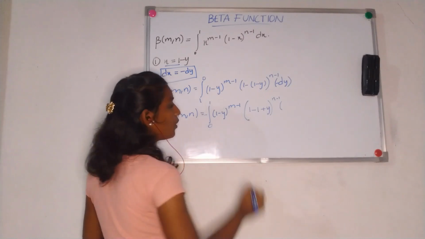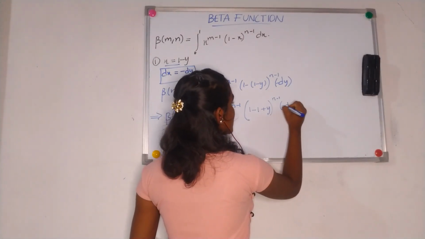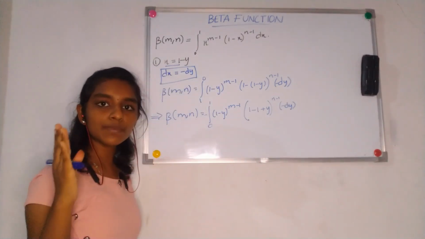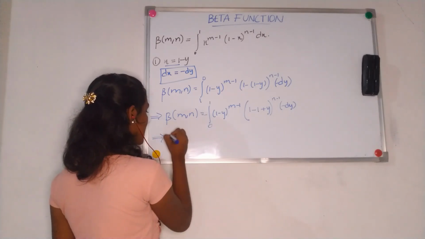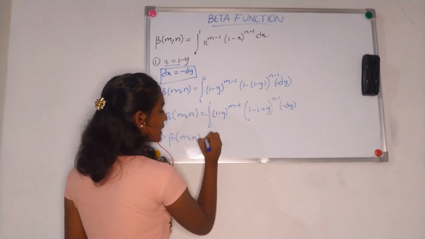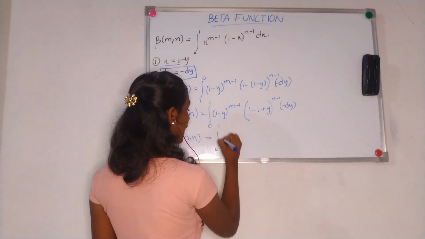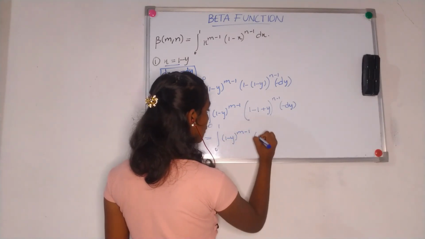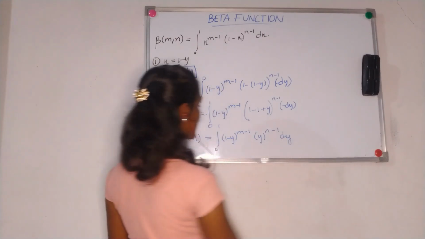And now, with minus dy, minus into minus will become plus. So let me erase those two minus signs, and what I will get is beta of m comma n equal to the integral from 0 to 1 of (1 minus y) power m minus 1 into y power n minus 1 dy.